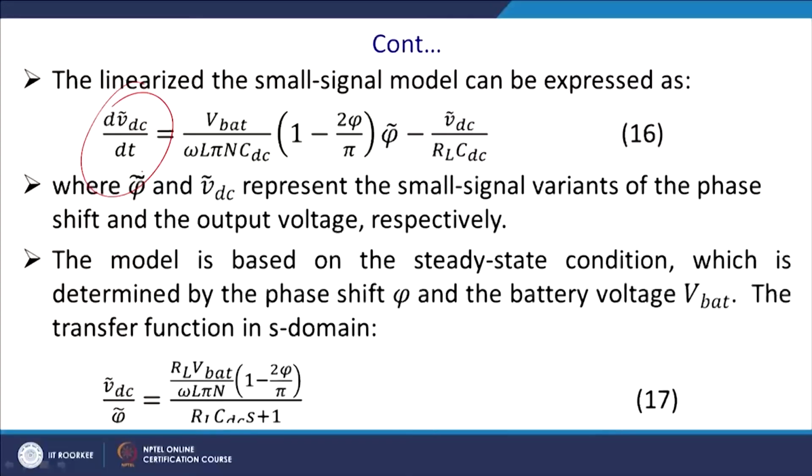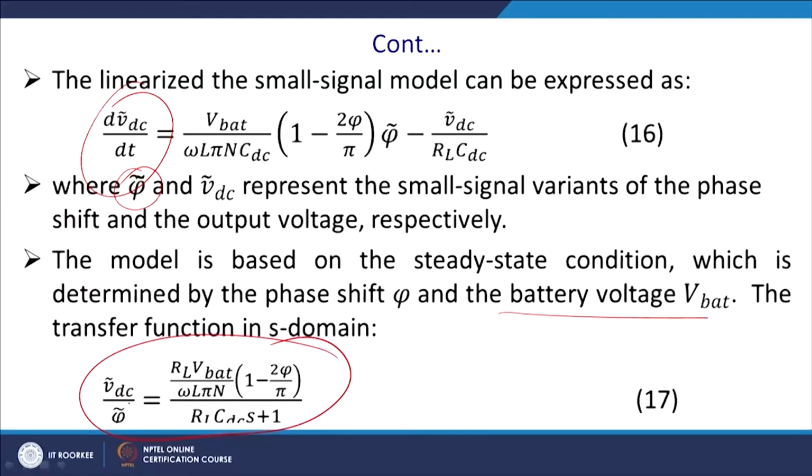This psi delta and VDC delta are essentially the variation of the phase and the variation of the DC bus voltage respectively, and the model is based on the steady state condition, which is determined by the phase shift phi and the battery voltage V battery, and thus we can have a transfer function like this.